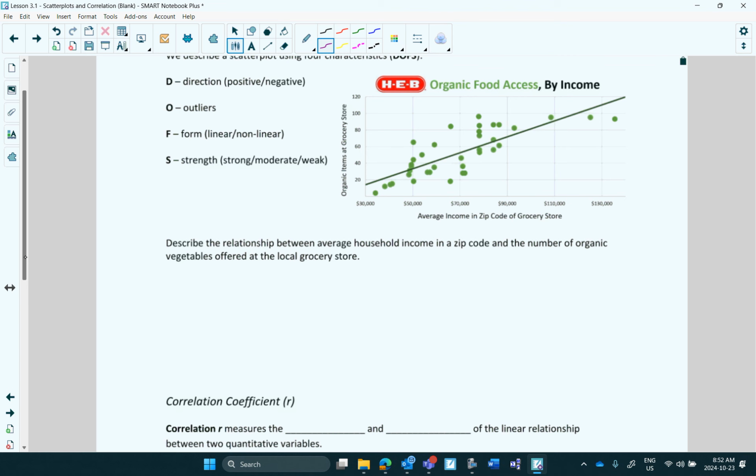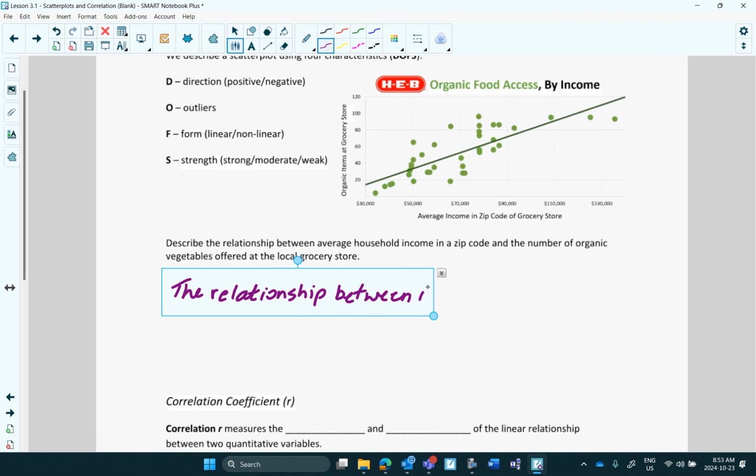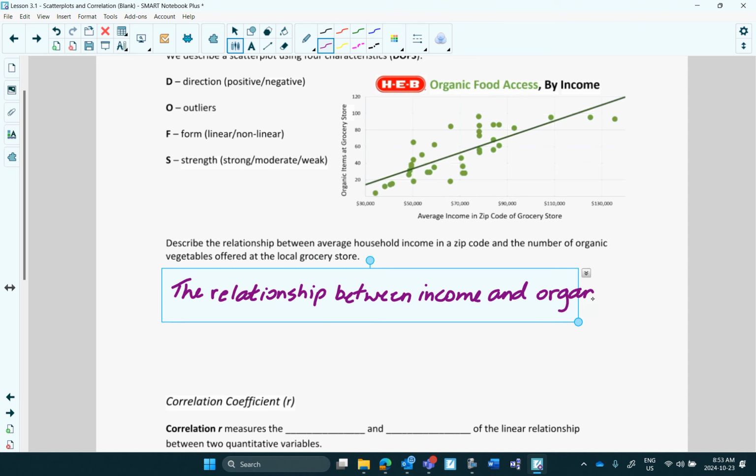So I could say the relationship between income, because we always want to write in context, between income and organic items offered is, well, is it positive or negative? Positive. Is positive.